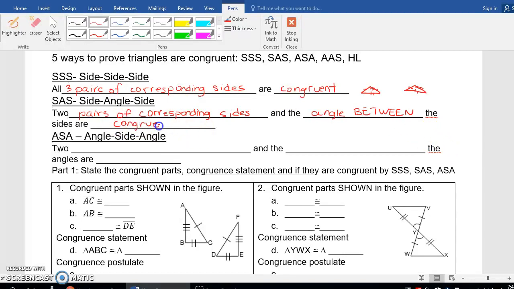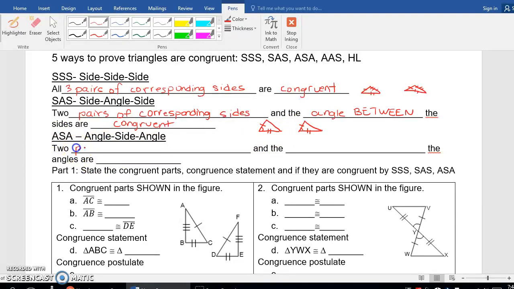Okay, so if you're given a pair of triangles, just like before, and you know that 2 pairs of corresponding sides, so here's a pair, and here's a pair, and the angle between them are all congruent, then you know that these 2 triangles have to be congruent to each other. Okay? And then the last one is angle, side, angle.